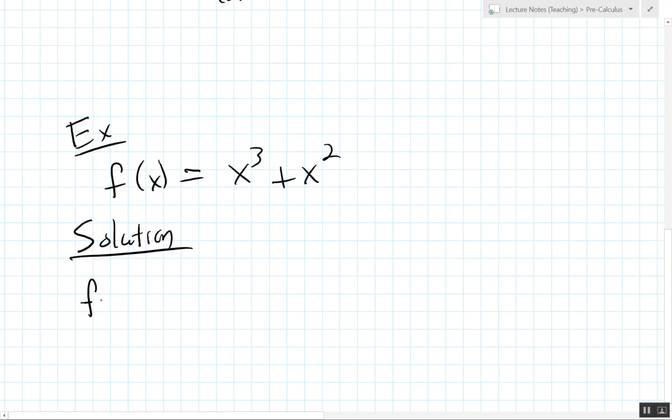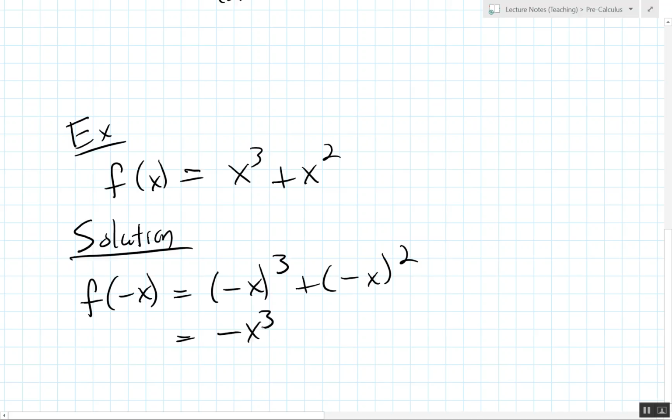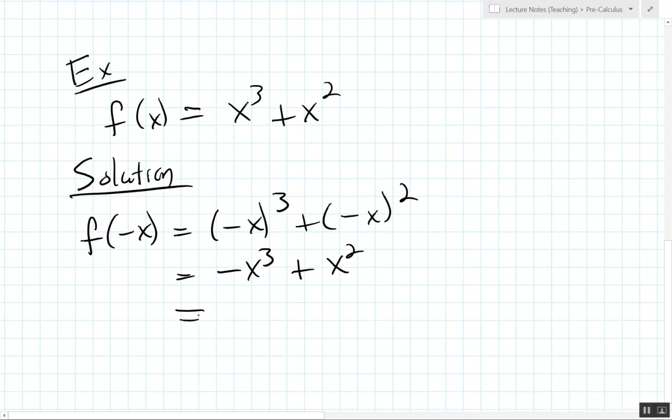We always evaluate f at negative x and see what we get. And so we'll have negative x all cubed plus negative x all squared. And notice that the first term has a sign change, but the second term does not. So this does not equal f of x because we have a sign difference here.